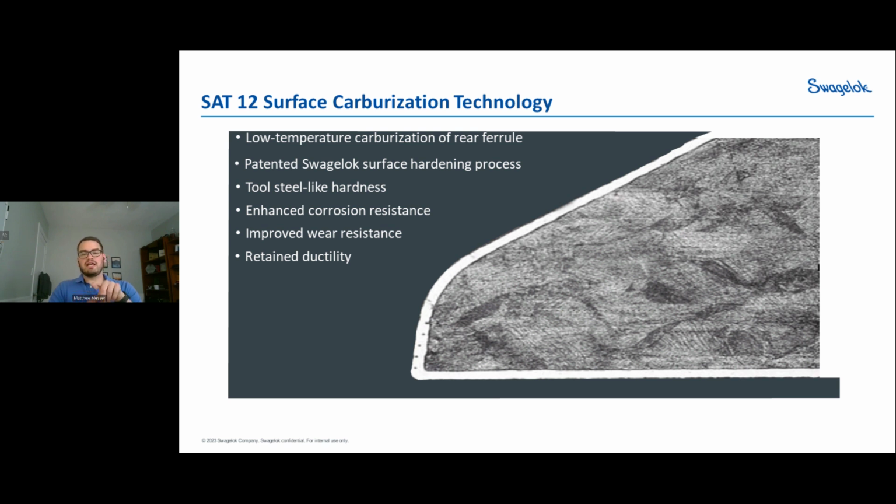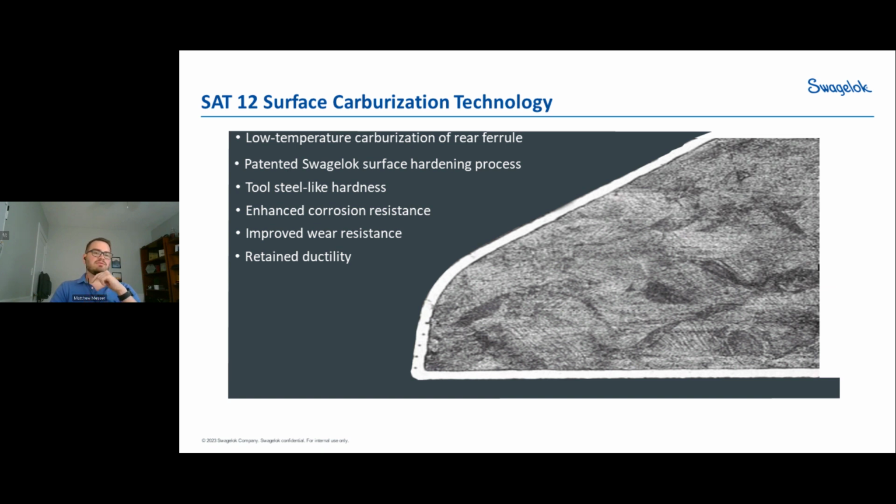But because that white outer layer along the ferrule that you see there is only on the surface of the ferrule, you retain the ductility of the underlying material. That means you can get a really nice bite onto the tubing, while providing a ductile surface that the back ferrule can rest onto the tubing and protect that stress riser that happens when you bite into tubing.